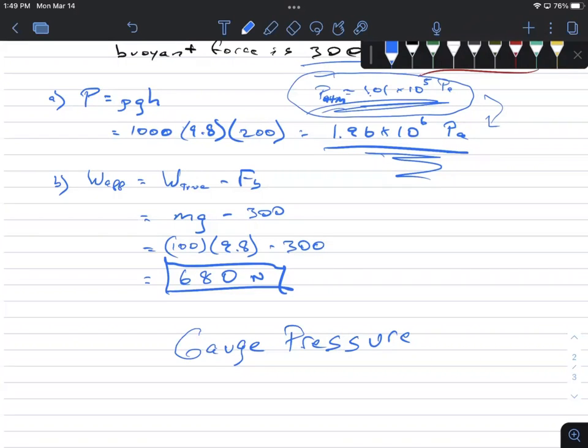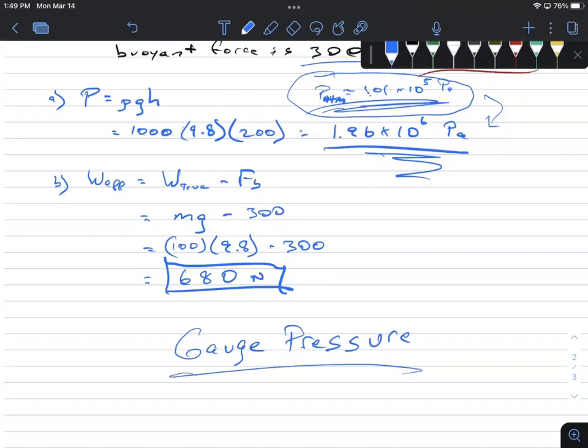But we know it's not really 0. It's actually the pressure of the atmosphere that is still there. So what these pieces of equipment do is they say, look, no one cares that the atmosphere is there because it's always there. Every single object on Earth, no matter where it is, feels atmospheric pressure. What does matter is how much more than the atmospheric pressure is there. And that's the concept called gauge pressure.